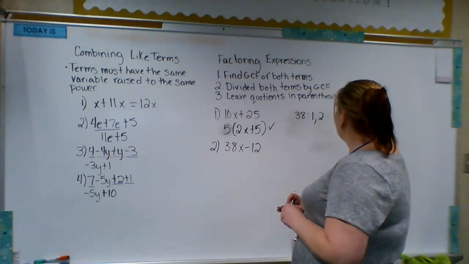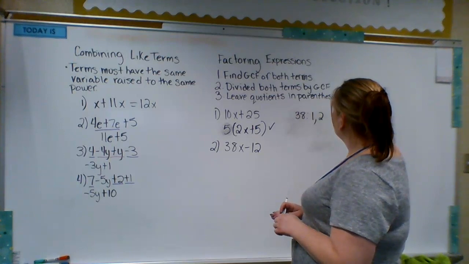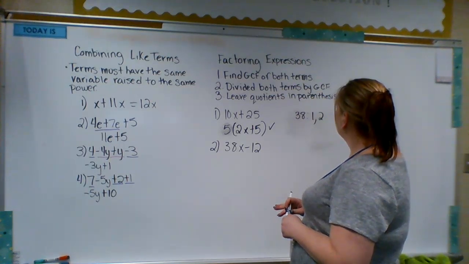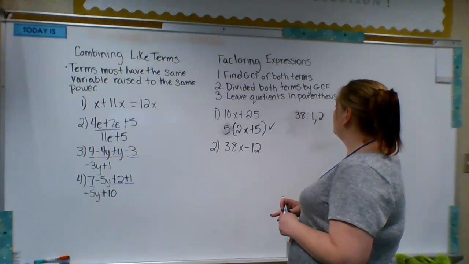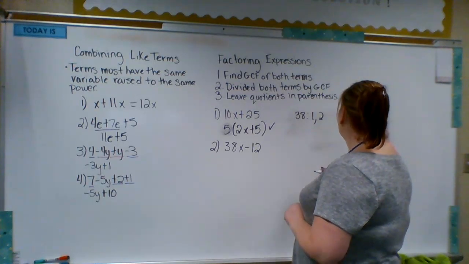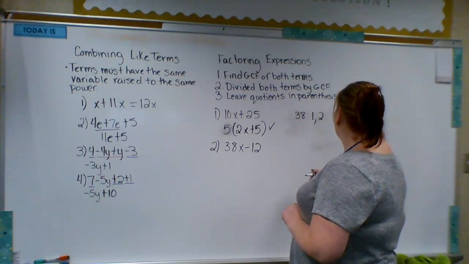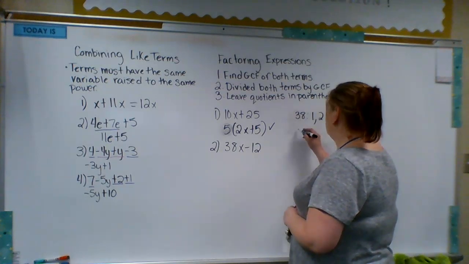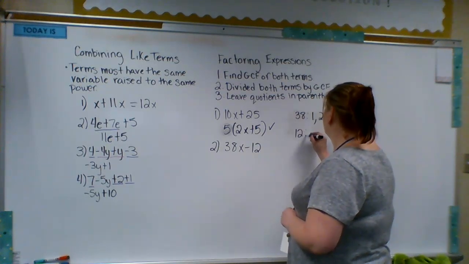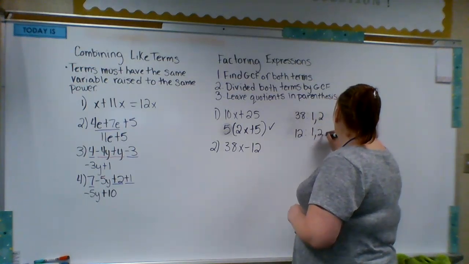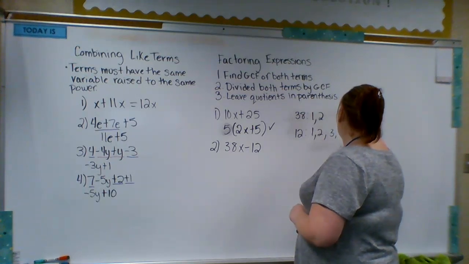It's not divisible by 3, 4, 5, 6, or 7. I think that might be it. Then we have 12: 1 and 12, 2 and 6, 3 and 4.